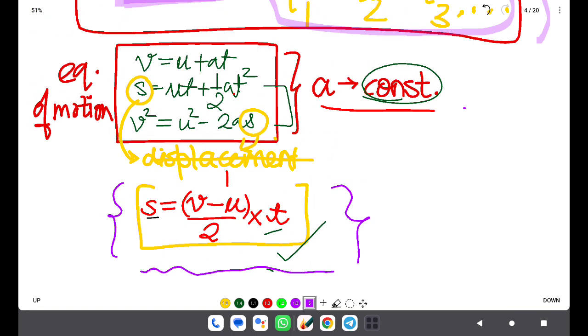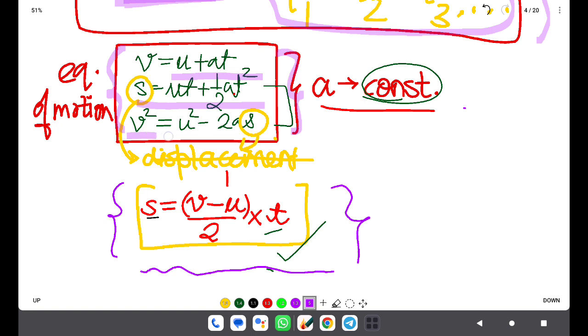Now, moving ahead, the three equations of motion. You must learn these equations by heart. These equations are very important formulas for the chapter. First equation is v is equal to u plus at. Second equation is s is equal to ut plus half at square.